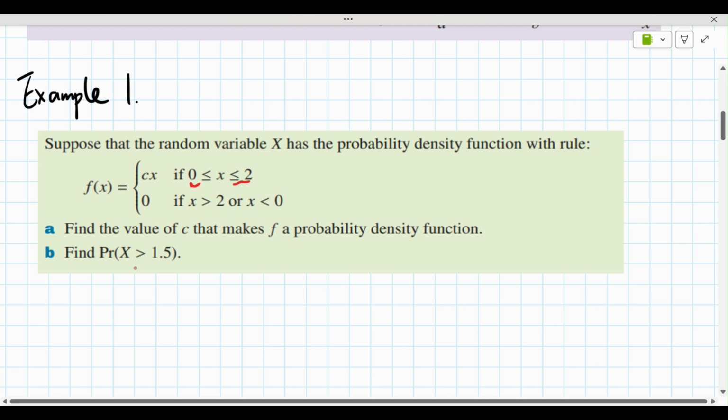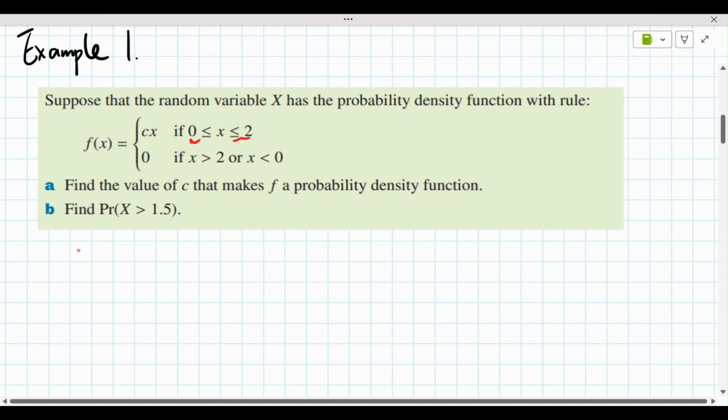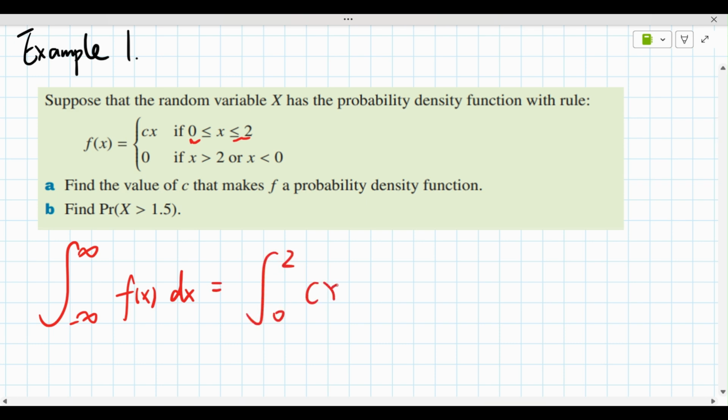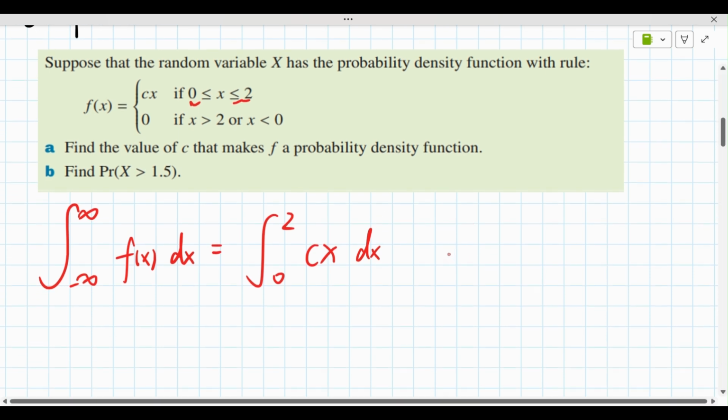So we can say the integral of f(x) dx equals the integral from 0 to 2 of cx dx, since f(x) equals 0 elsewhere, that means anywhere except for 0 to 2.